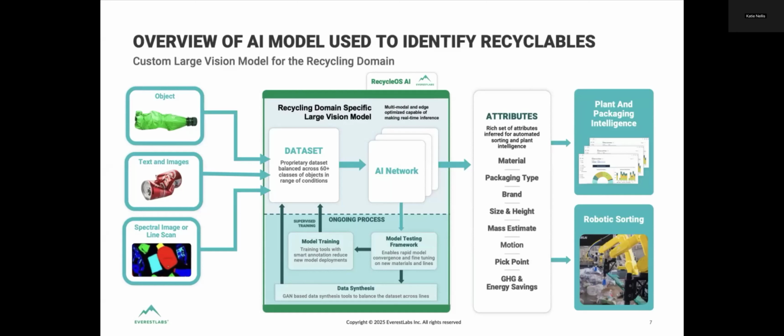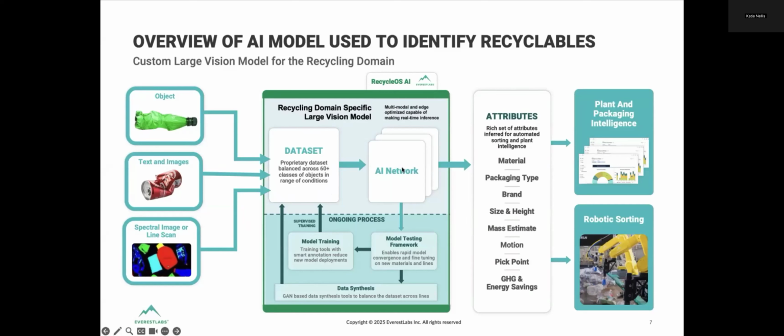So it's a fairly robust data set. And as I mentioned, we look at the object appearance, the text and images within the object, and even augment vision-based data with spectral data, whether it's a line scan or a spectral image. All of these can be put into the data set, which really means this is multimodal data.